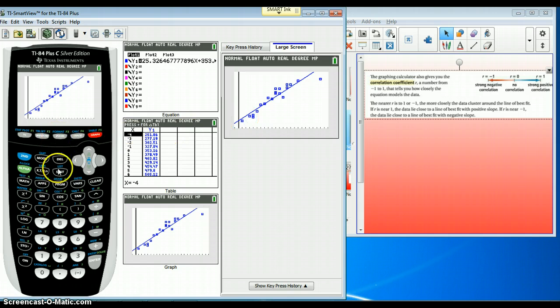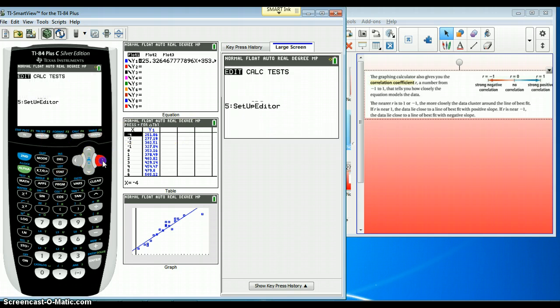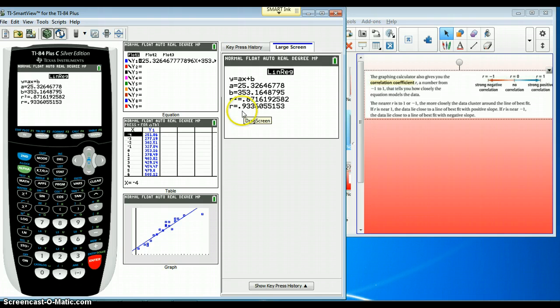And if you go back to stat calc number 4, we already stored it in Y1, so we don't have to do it again. But just to see R equals again, you should always copy this number down as soon as you get to the screen. The correlation coefficient to the nearest 3 decimal places, so to the nearest 1,000, is 0.934.